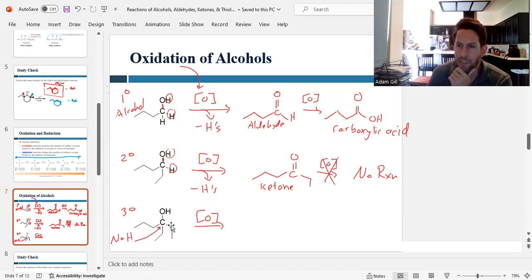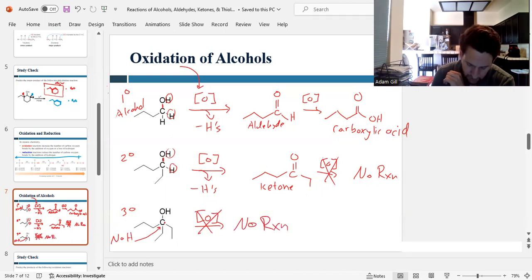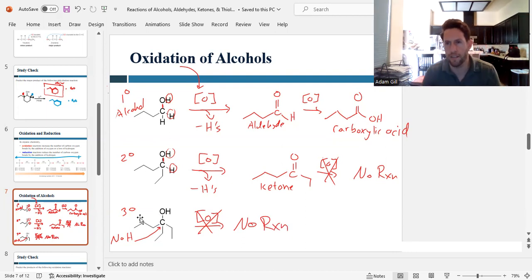Because there's no hydrogen to be removed off this carbon, oxidation does not happen. So you would get no reaction if you tried to oxidize a tertiary alcohol. They just don't oxidize. And it's because they don't have any hydrogens on the carbon to be removed, okay? Unlike primary and secondary alcohols.